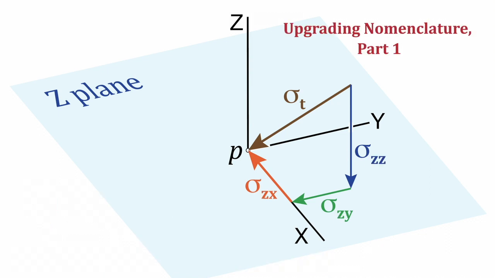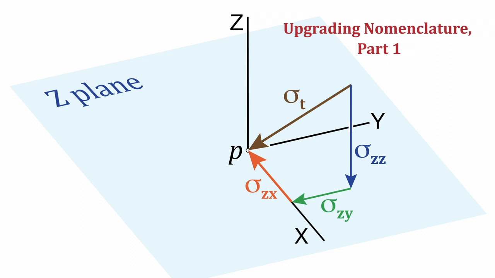As comforting as the XYZ coordinate system is, what we typically do is upgrade it a little bit with a nomenclature in which we have two subscripts. The first of the subscripts in this case is a z, so sigma zx, sigma zy, sigma zz, and that tells you the plane that we are operating on.